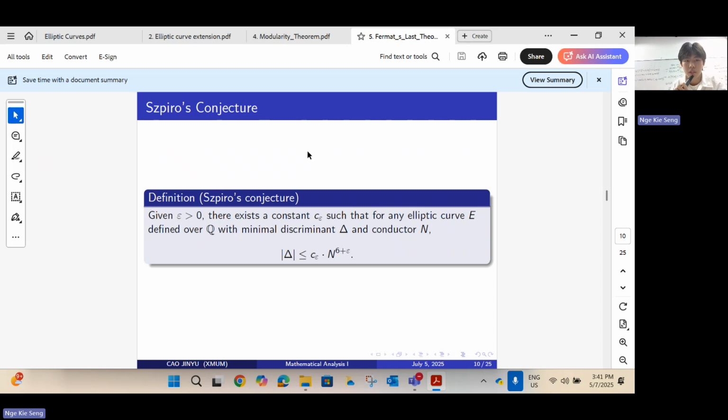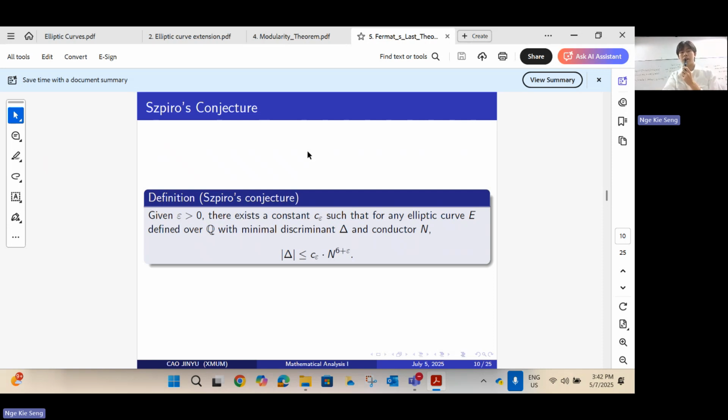So now let's move to the Frey curve. But before that, let's see a conjecture called the Szpiro conjecture. Actually, it still remains unproven because some proofs of Szpiro's conjecture are not accepted by the academic field. But at least this conjecture is true for semi-stable elliptic curves and the Frey curve.